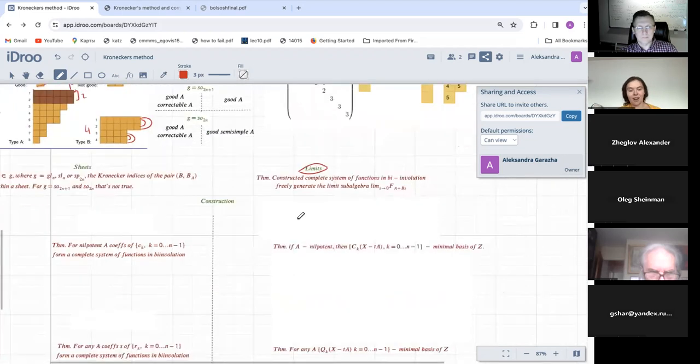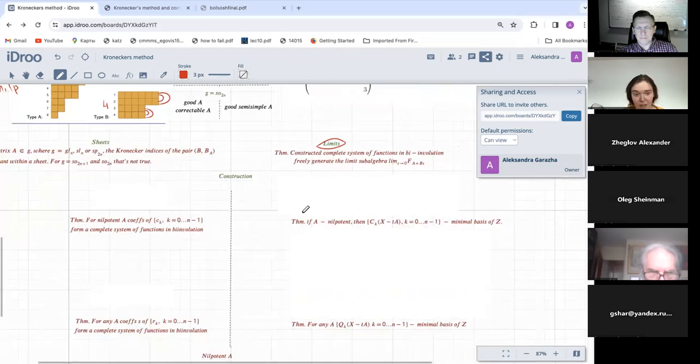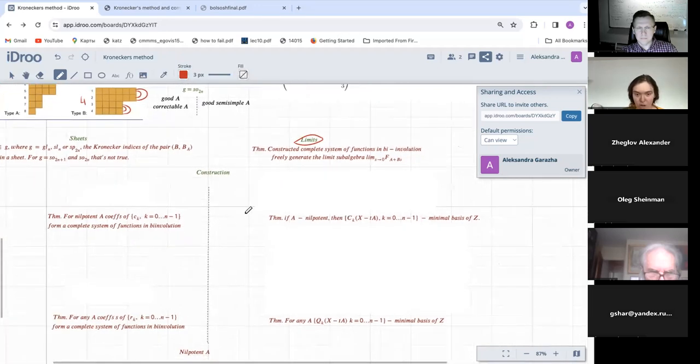And finally, I'll try to give the construction of both sides of these spaces and of the complete system of functions in bi-involution. Let's start historically.